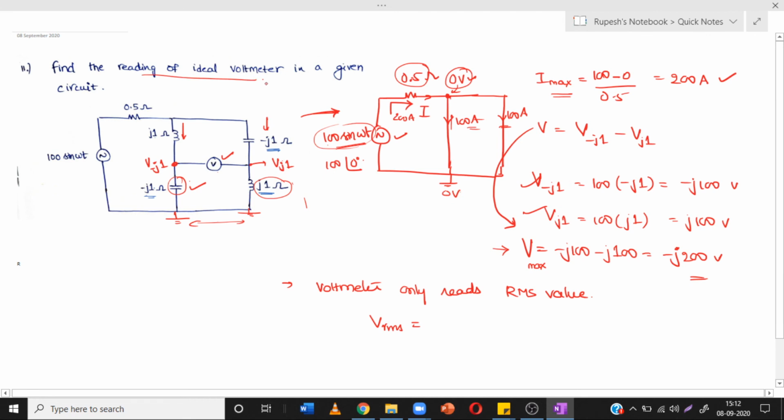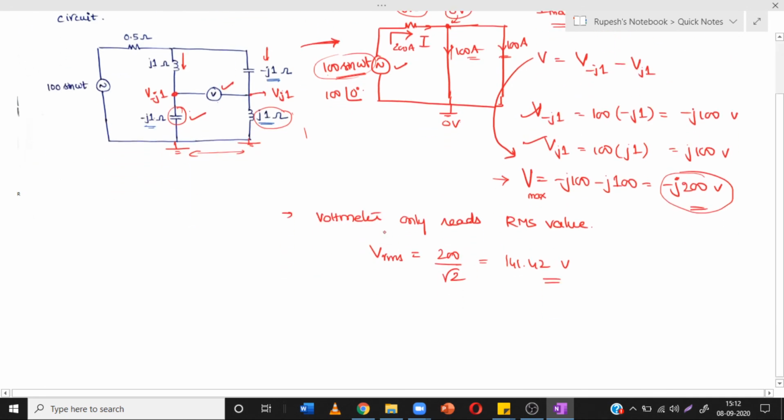So the reading of the ideal voltmeter, VRMS, is peak value divided by root 2. So 200 by root 2. The peak value is the magnitude of this, that is 200. So 200 by root 2 will come as 141.42 volts. So the reading of the ideal voltmeter is 141.42 volts.